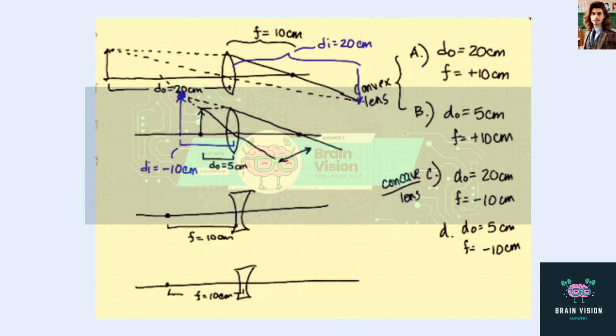So the first one, like I said before, my screen's a little too small to show this to scale, but I'm going to draw it about twice as far away, which is a distance of 20 centimeters. And then my object for the second one is going to be at 5 centimeters.